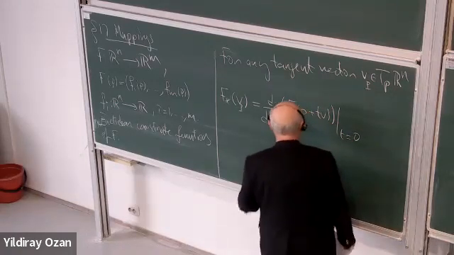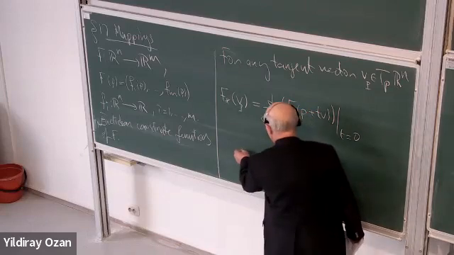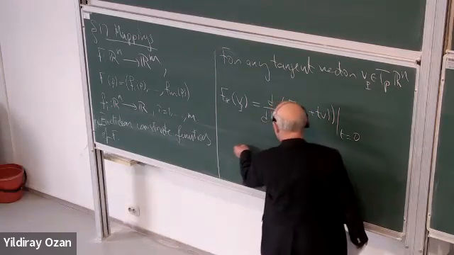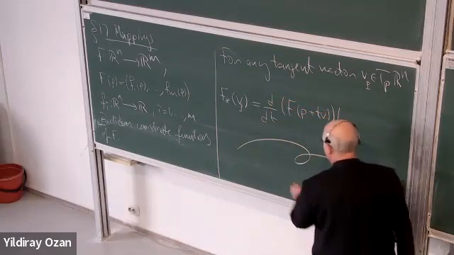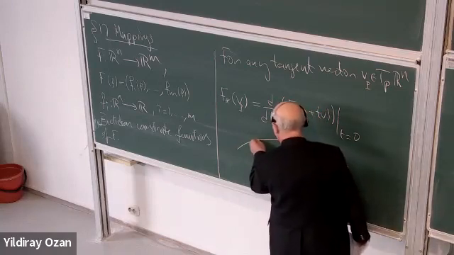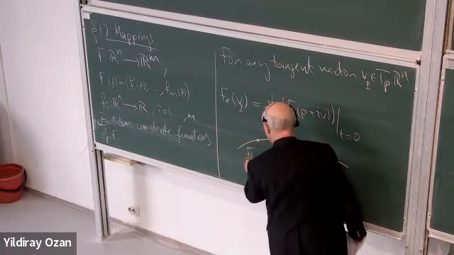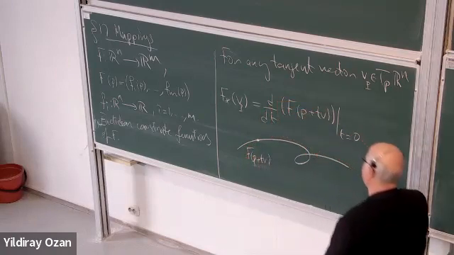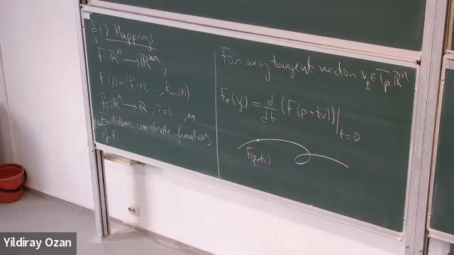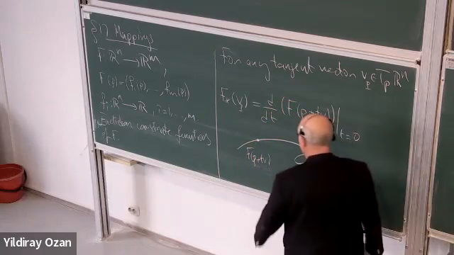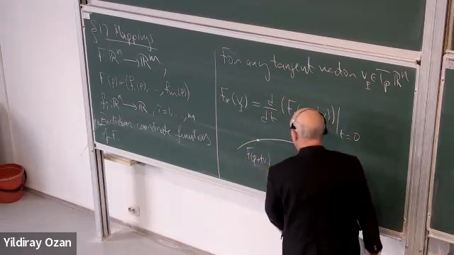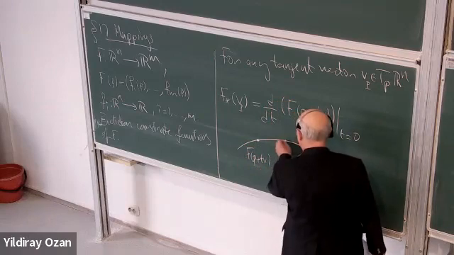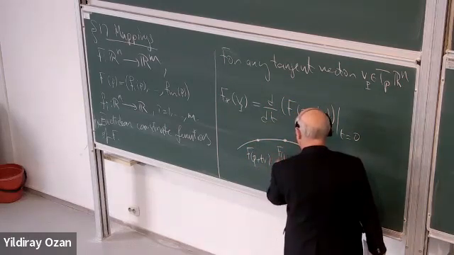So what we do is the following. Here, let's say, is the curve f of p plus tv. When t is equal to 0, I am at this point, f of p.